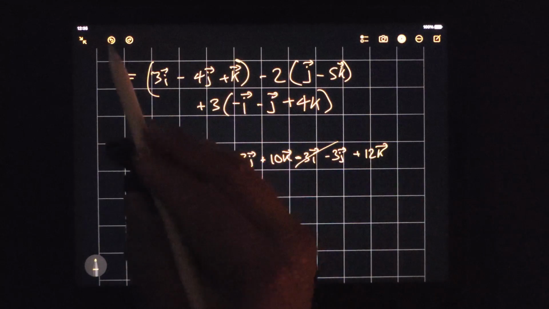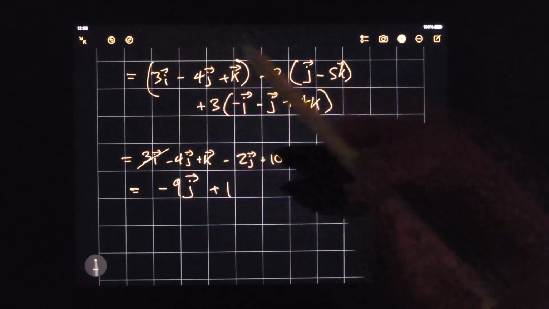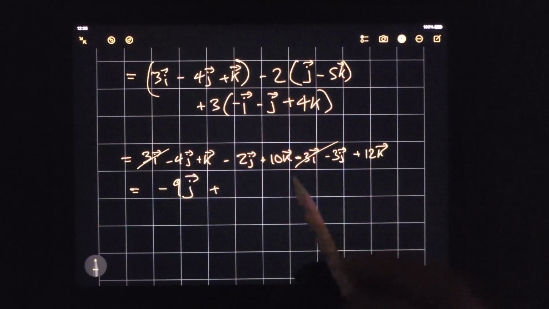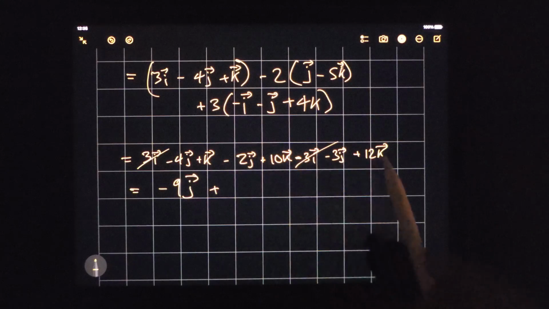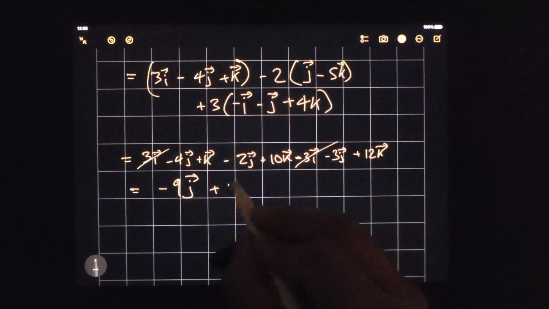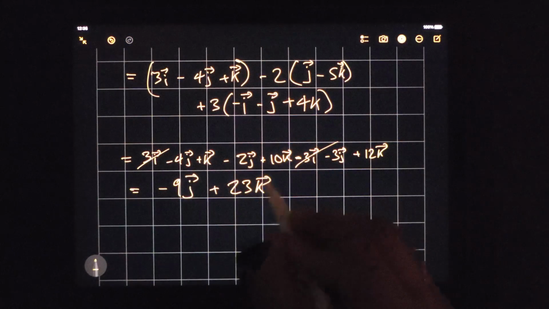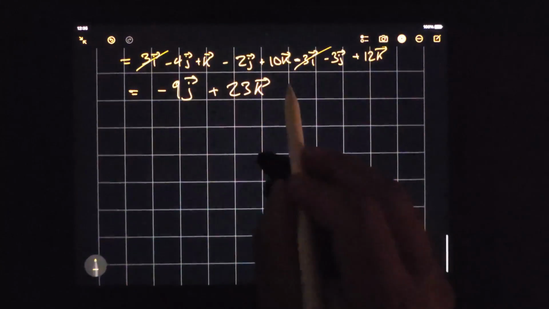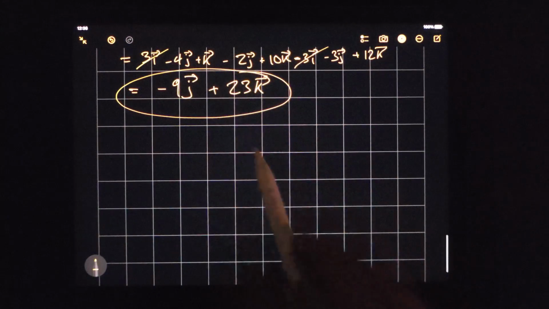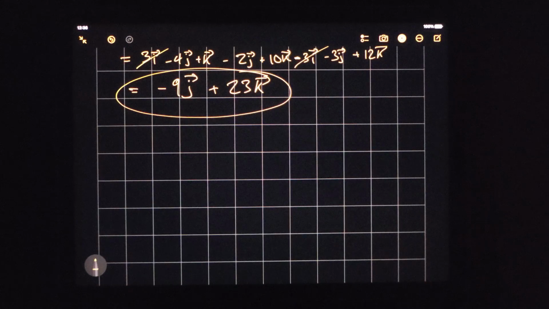Sorry, I jumped the gun there. Not 13, I missed this one too, so 23. So yeah, it's actually very straightforward to do these things.